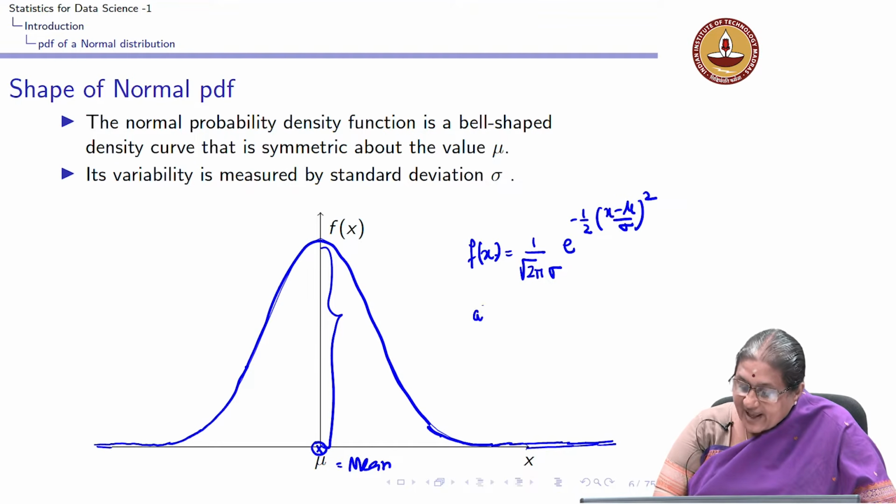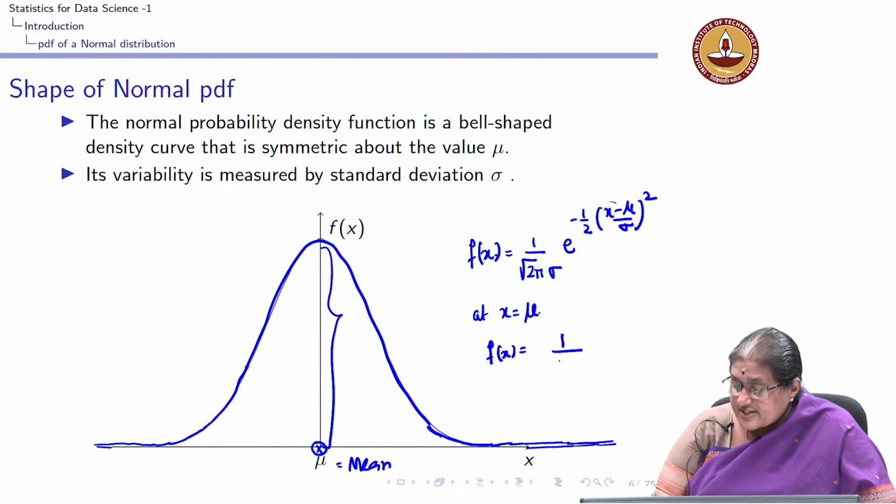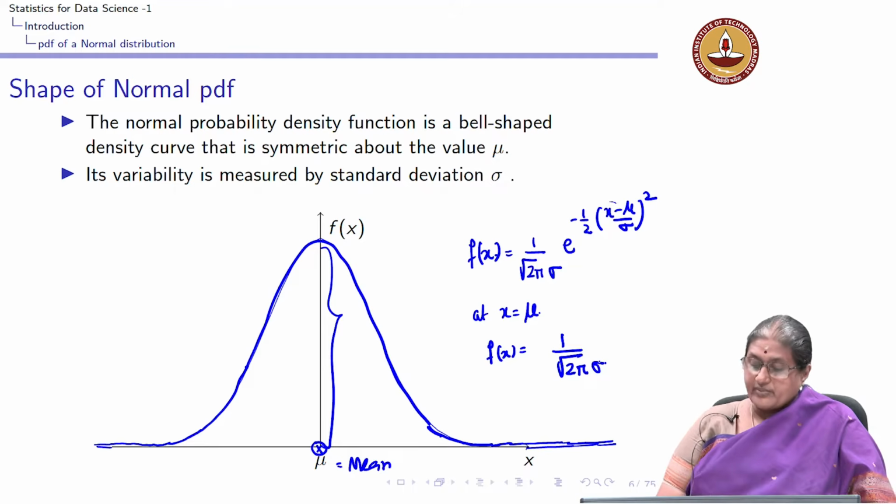So, at x equal to mu, this term becomes mu minus mu, which is a 0. So, e to the power of 0 is a 1. So, at x equal to mu, my f of x is 1 by root 2 pi into sigma.